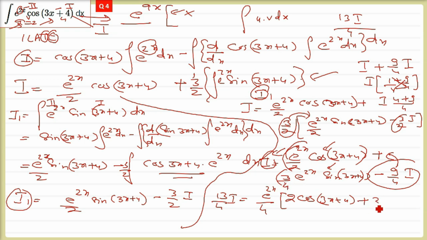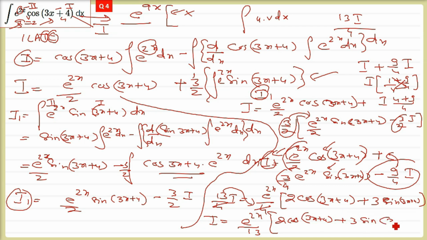It will be 3 sin 3x plus 4. Now this 4 you can cancel, and bring the 13 down to the right hand side. So I will become e raised to x divided by 13, times 2 cos 3x plus 4 plus 3 sin 3x plus 4, and that's your final answer along with the constant of integration.